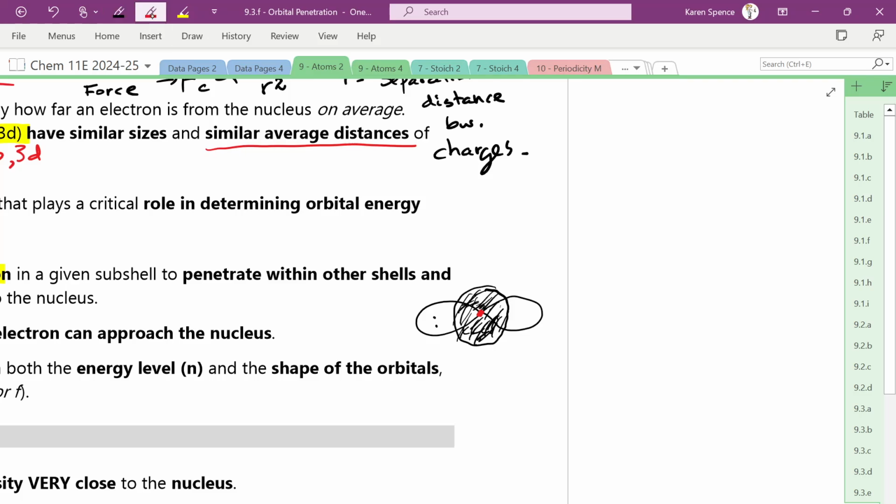Okay, so this would be like a 2S and a 2P. But they do overlap each other. It's just that the 2S can kind of get in there. And sometimes the 2P electron is here. And so it will experience repulsion by the 2S electron pushing it away from the nucleus at the same time as the nucleus is pulling it in. Yeah?